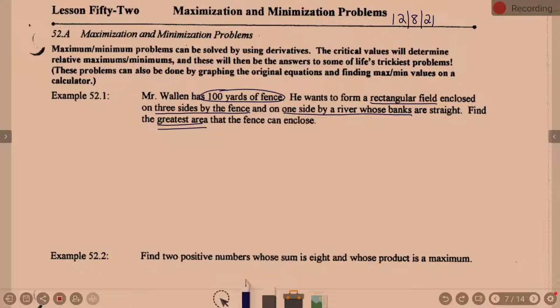Okay, so I'm going to start with a picture here. I've got my rectangle here. Three sides being the fence and the long side being the river. I can do a little bit of labeling for you there.